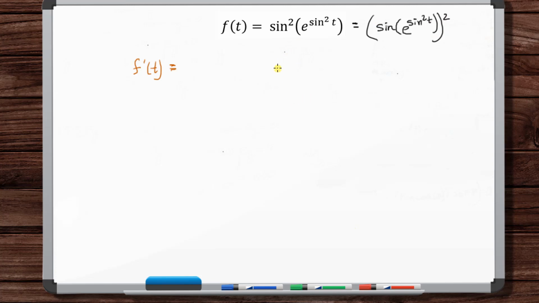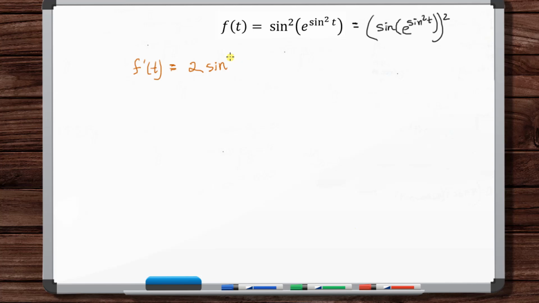Right, that's what this means. So we've got something squared. That's what we're starting off with, the biggest picture. So the derivative of something squared is 2 times that something, and that's it, because there's no power with something squared.